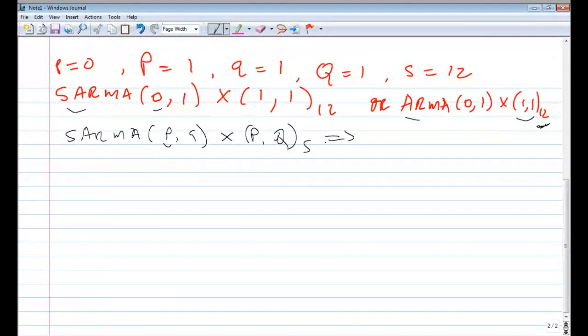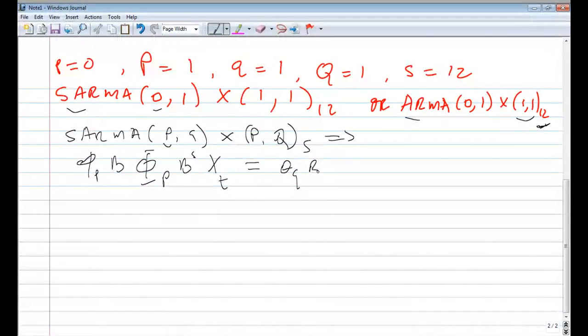SARMA is defined by phi p(B), the general one, capital phi P(B to the power S), x_t, which is equal to theta q(B), capital theta Q(B to the power S), z_t.